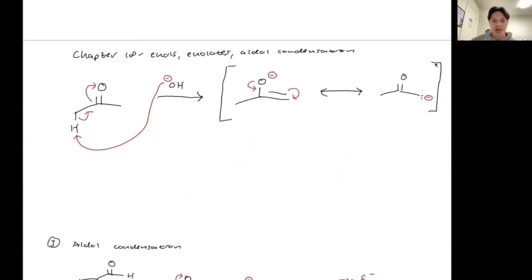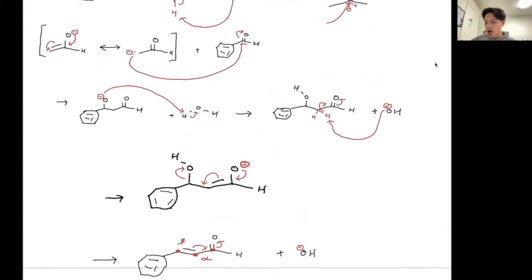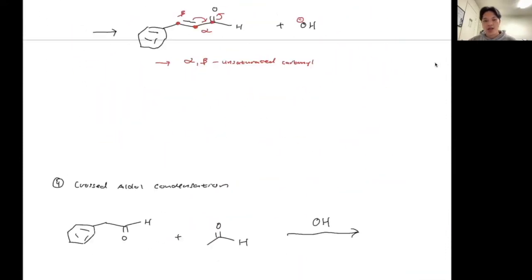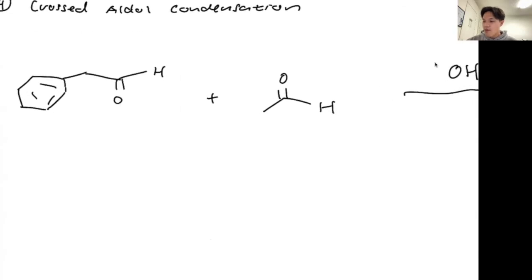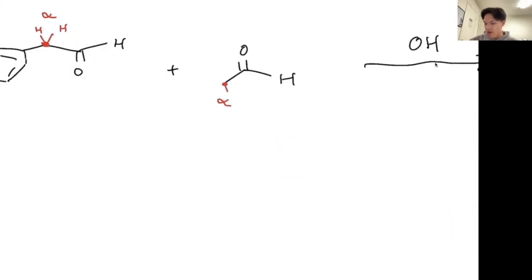So let's look at the differences between this reaction versus our top reaction over here. Let's look at this one first. When I'm looking at these types of questions, I'm always looking at where is the alpha carbon. This is an alpha carbon over here, and this is an alpha carbon over here. Do we have H's? We do. We have two H's that we can take, and three H's that we can take over here.